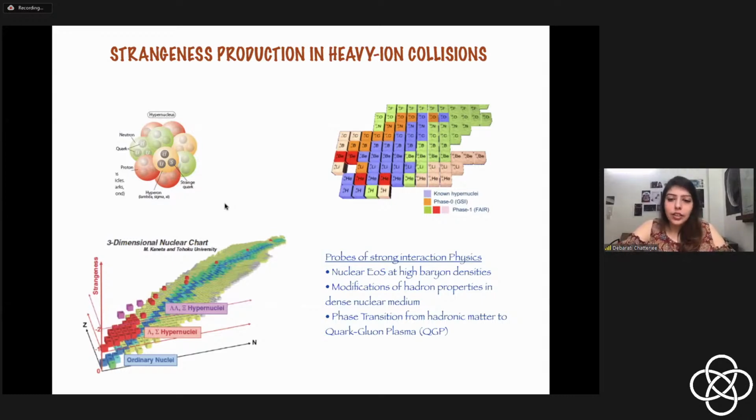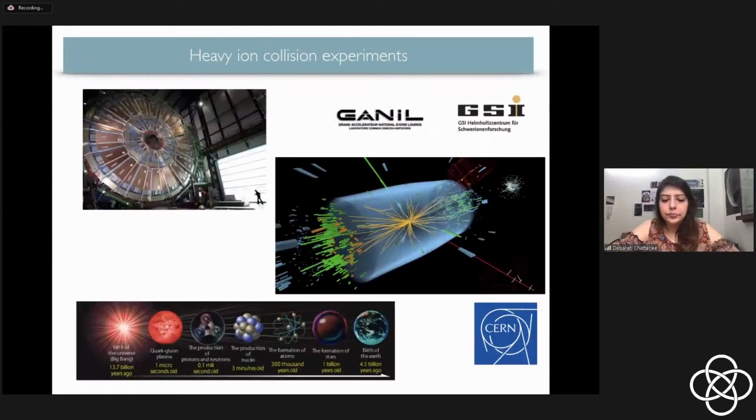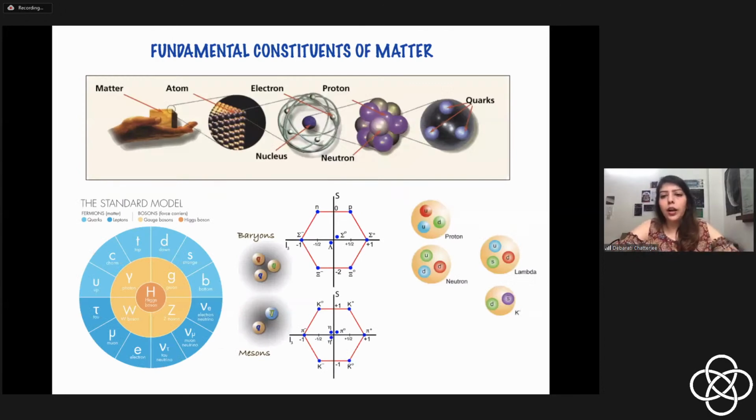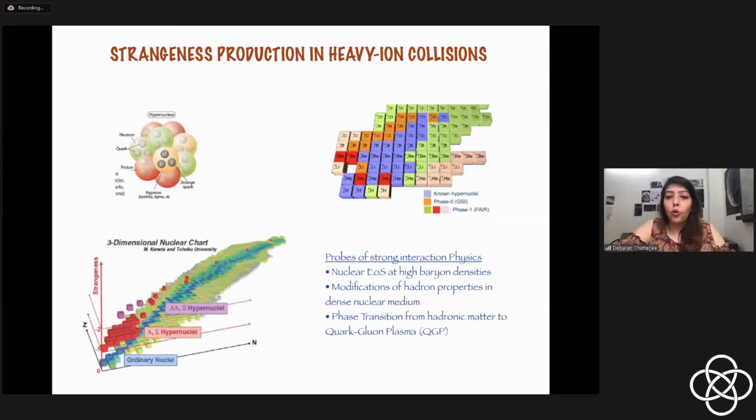Also, the other thing is that, like I said here, you can also form a quark gluon plasma. What is this? When you have very, very high density, more than 8-10 times that of the nucleus, then it is expected that all these melt into a free quark soup. This is what can also happen in heavy ion collision experiments.